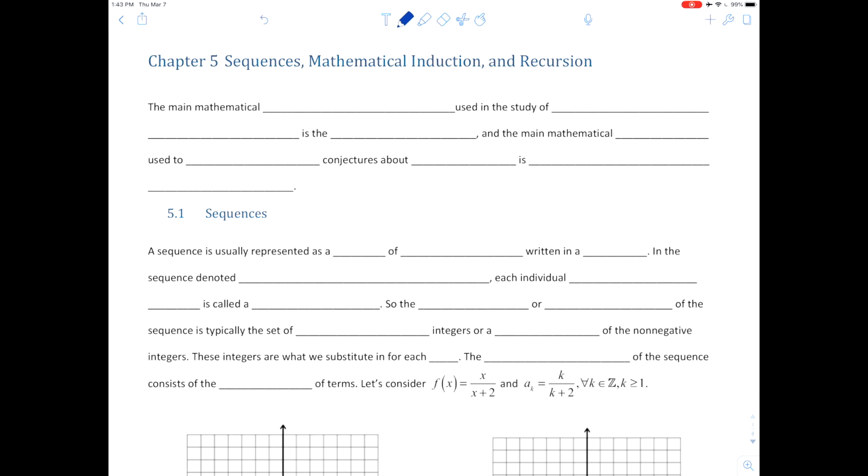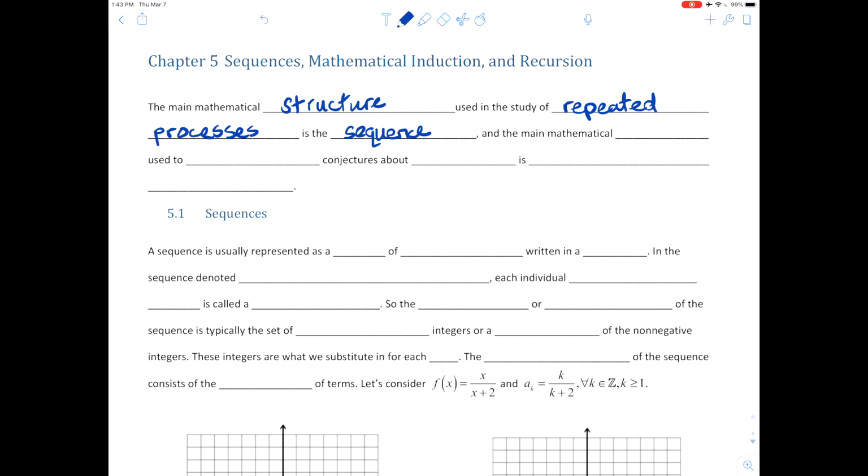The main mathematical structure used in the study of repeated processes is the sequence.